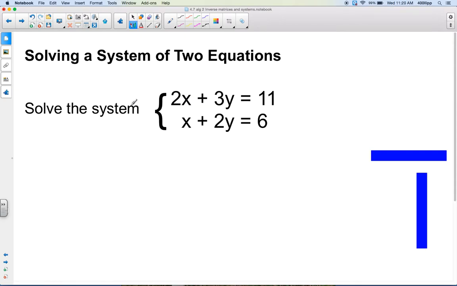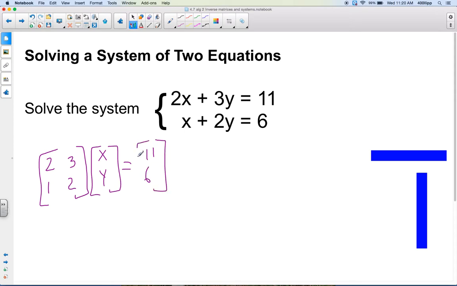Okay, so we're going to solve these by using matrices. We'll first write it using our coefficient matrix, our variable matrix, and our constant matrix. Writing this out, we have 2, 3, 1, 2. That's our coefficient matrix. Then we have our variable matrix, x, y, and that is equal to 11, 6.